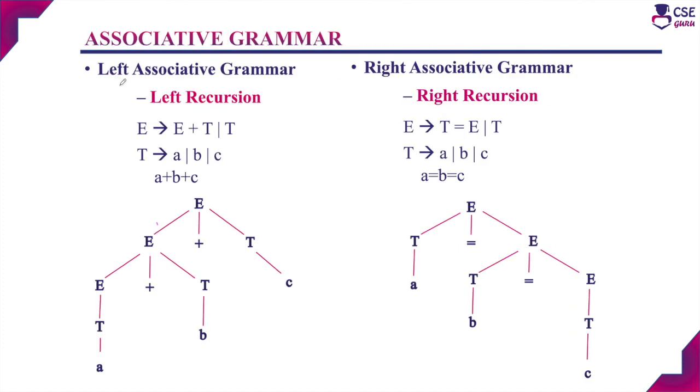If the grammar is a left associative grammar, implement a left recursion in the production rule so that we can eliminate ambiguity. Same way, if the grammar is a right associative grammar, implement a right recursion in the production rule, which will eliminate ambiguity. So in this way, we can eliminate the ambiguity by considering the associativity rule.